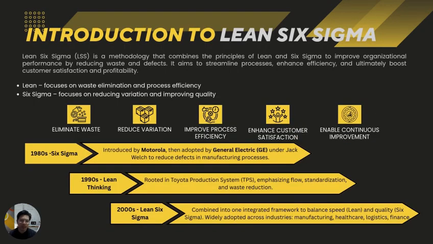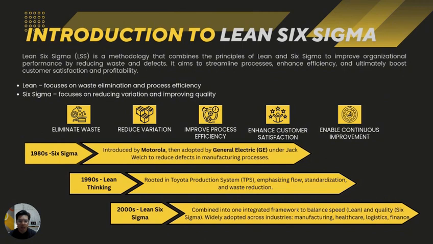So for the next slide, which is about the introduction to the Lean Six Sigma. So the Lean Six Sigma or LSS is a powerful combination of two methodologies. So the Lean is focusing on eliminating waste and making process flow more efficiently, while the Six Sigma, on the other hand, targets defect reduction and process consistency.